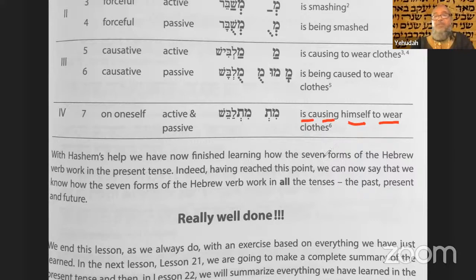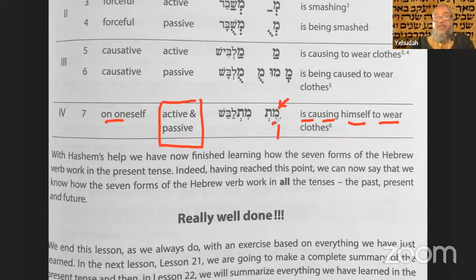Okay. And that's what the hith pael is too. It's one causing one to do something because it's both active and passive at the same time. So you're causing this to happen on oneself. No one else is causing you to do it. You're doing it. So this letter right here, that mem, represents present tense. And it's on oneself.